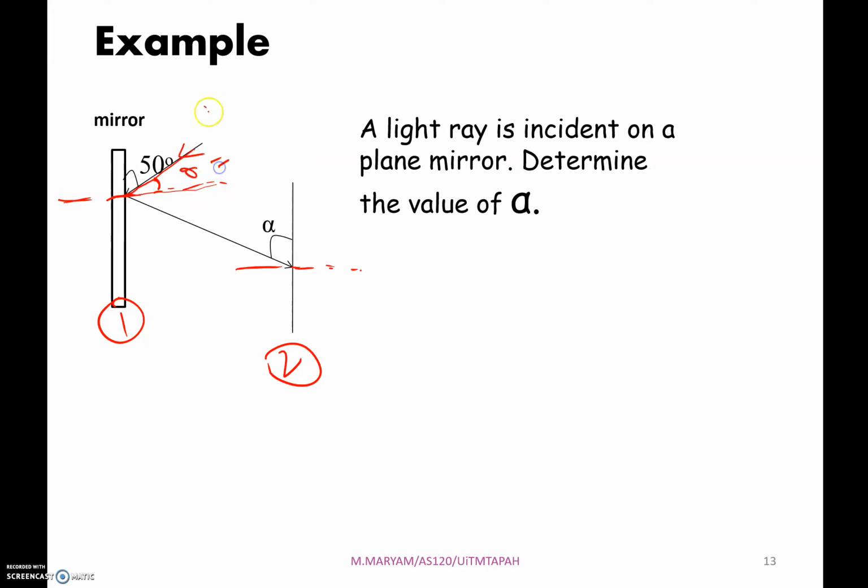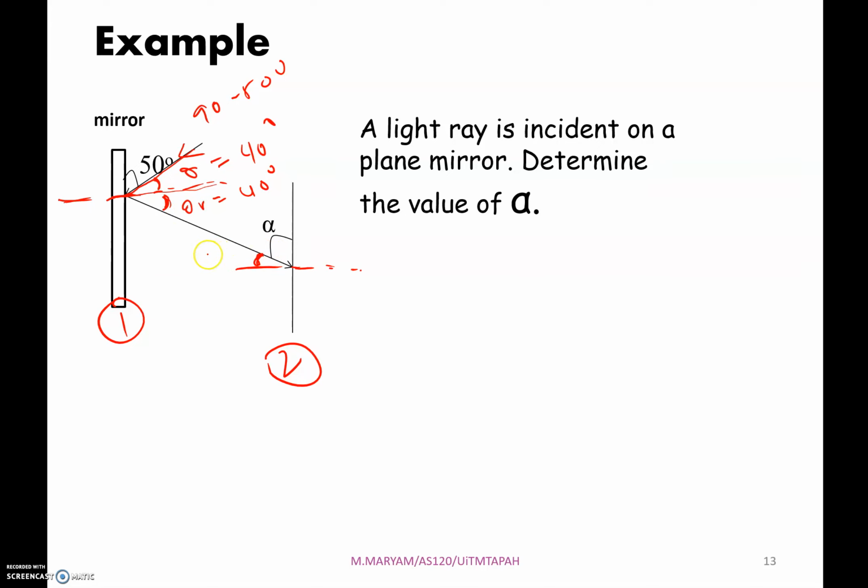So the theta here will be 90 minus 50, which will give you 40 degrees. So you know already 40 degrees here of the incident will be equivalent to the reflected. So here also will be 40 degrees. And the opposite angle, if you still remember what you've learned in school, opposite angle would be the same.